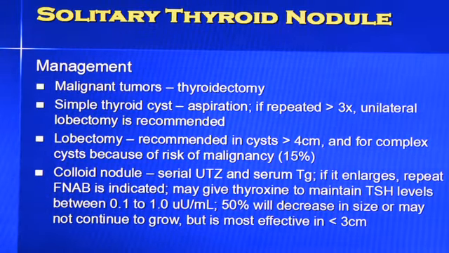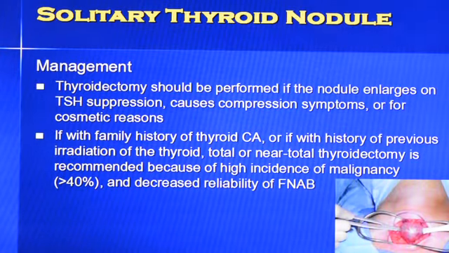You can repeat aspiration up to 3 times, although some would do it only twice and then refer for thyroidectomy. Thyroidectomy should be performed if the nodule enlarges on TSH suppression and causes compressive symptoms. Some are also done for cosmetic reasons.